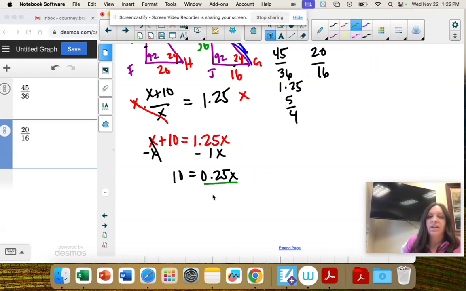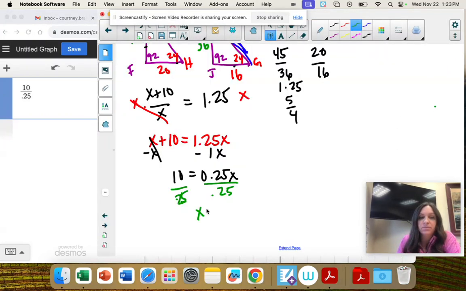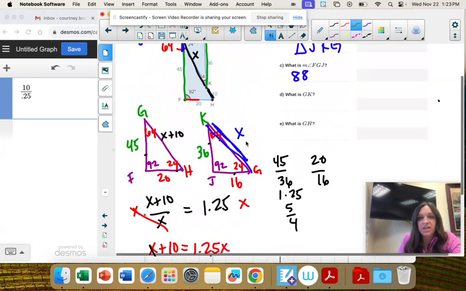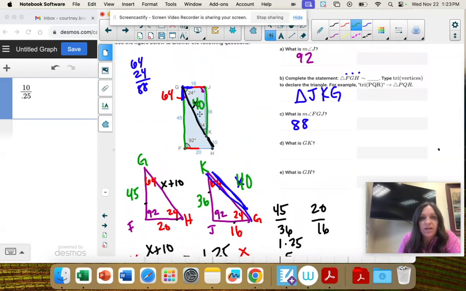And when you divide 10 by 0.25, you get 40. All right, so this side is 40. Right here's 40. And this whole side is 40 plus 10, which is 50.